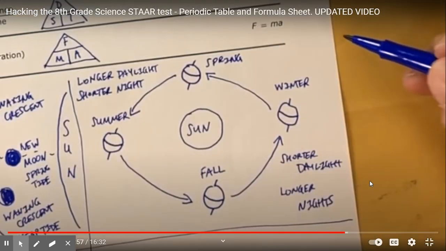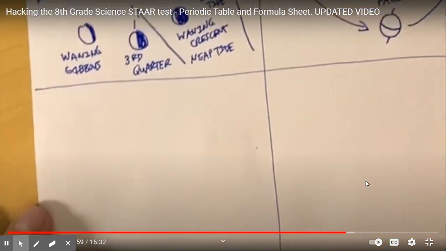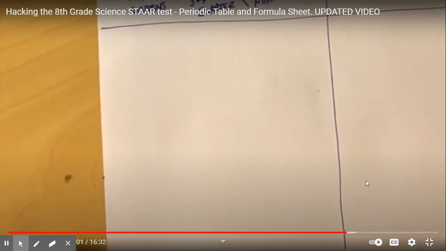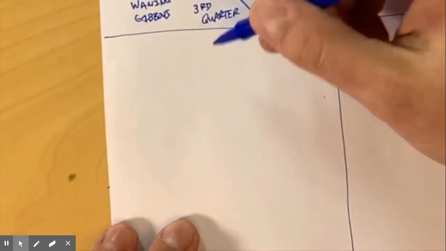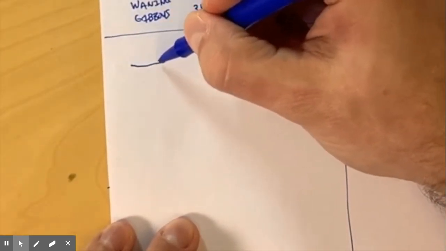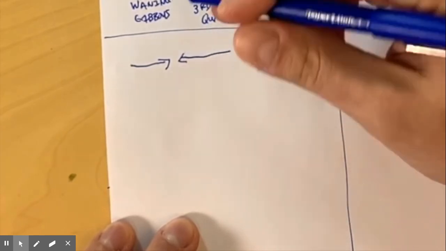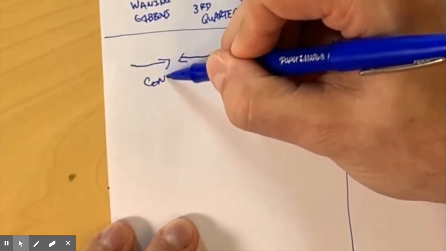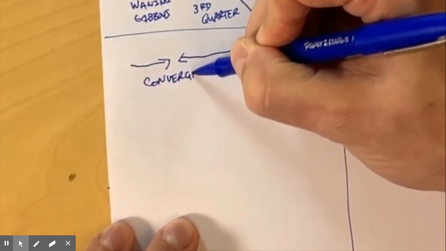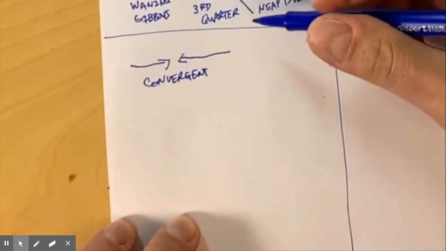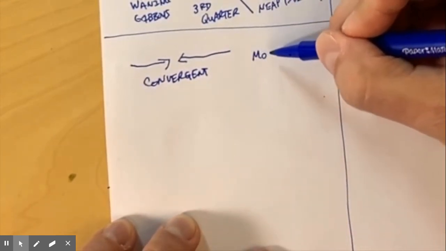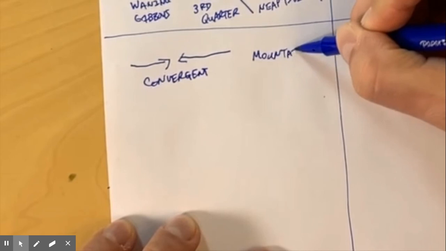All right, about here, where we talk about plate tectonics. In the bottom left quadrant, we're going to talk about plate boundaries or plate tectonics. There are several different types of plate boundaries. The first one we're going to talk about is convergent boundaries. Convergent boundaries are when two plates collide together and they create mountains.